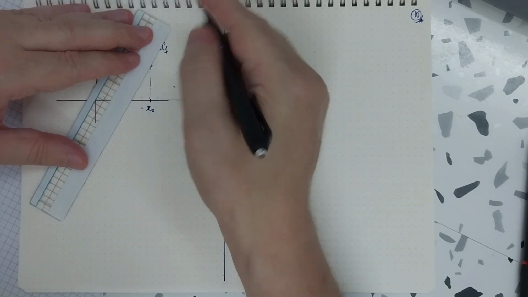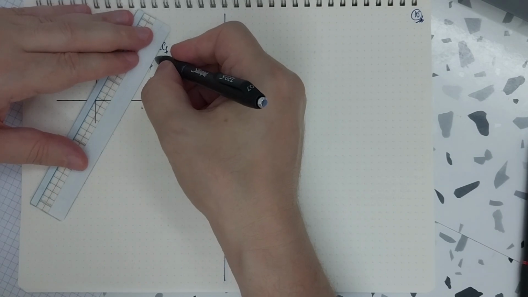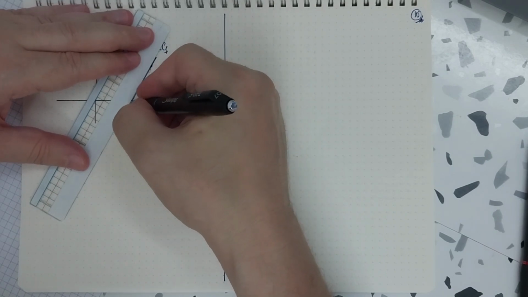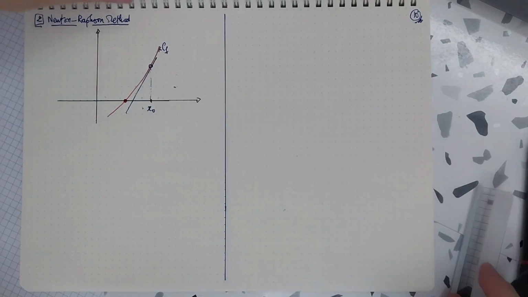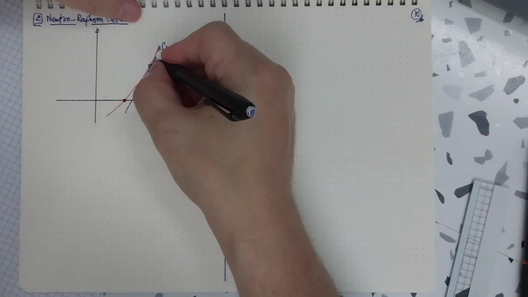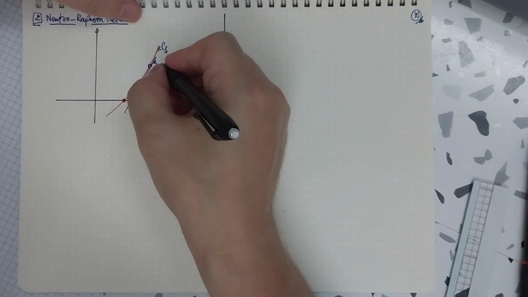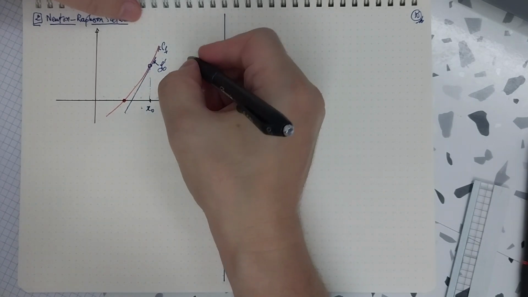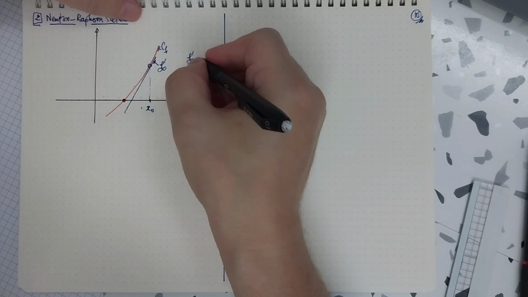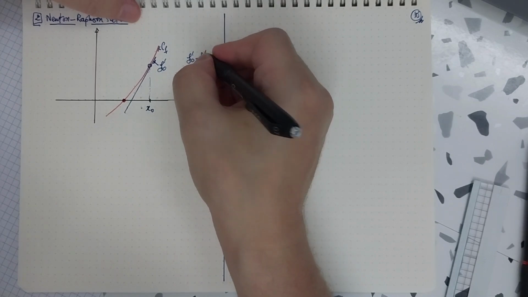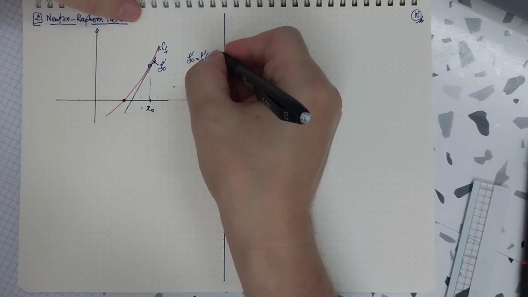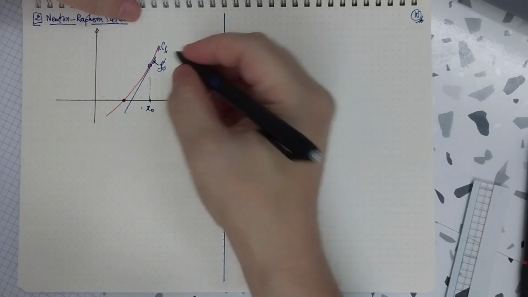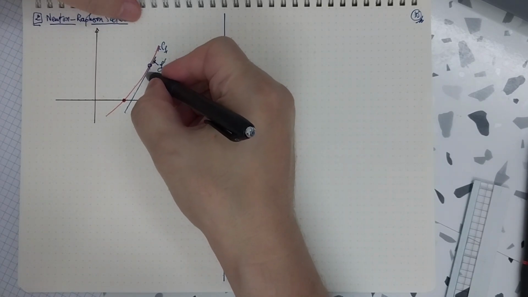So the tangent will be like this. This is the tangent, that is f prime 0. f prime 0 means the derivative of f at x0. That's the meaning of it.